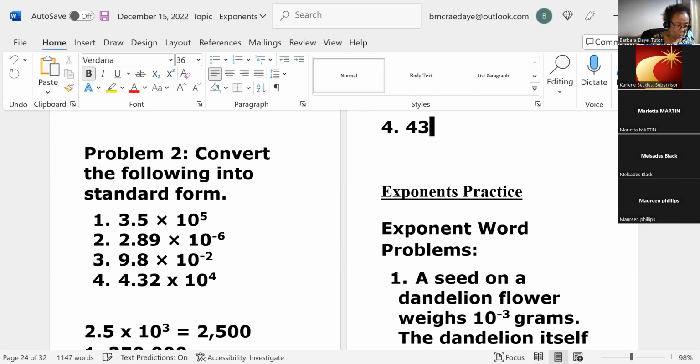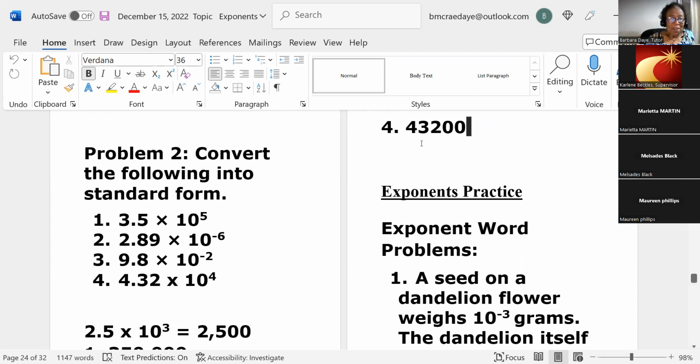How many zeros? 4 zeros. But if I put the decimal point between the 4 and the 3, how many places did I move it? Too many. Just take off 2 zeros.